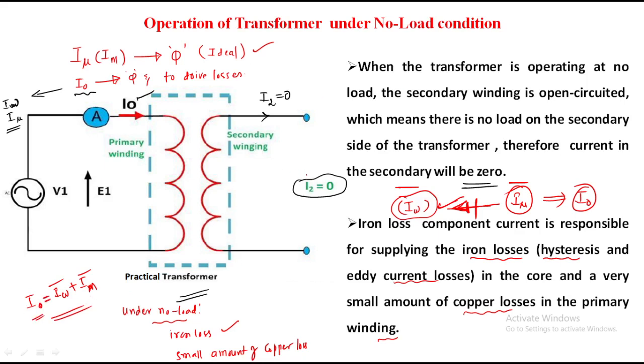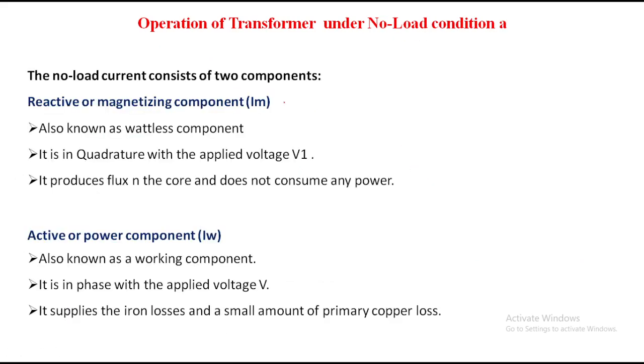So when the transformer secondary is open circuited, there is no current through that, obviously named as transformer under no load condition. So we all know that we have magnetizing component of current IM or Iμ, like that active component of current IW. So under no load condition, you can write that point.